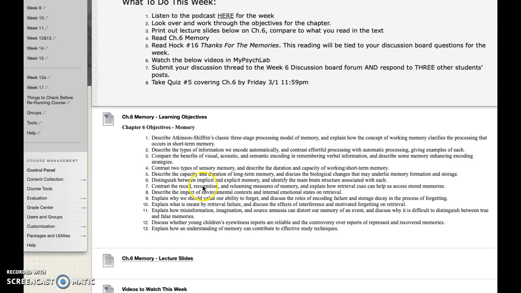We'll distinguish between implicit and explicit memories. These are just memories for doing various things, whether it be memorizing a poem or tying your shoes, riding a bike, or remembering the names of all the presidents. These are all very different types of memory, and we store them differently in our brain.